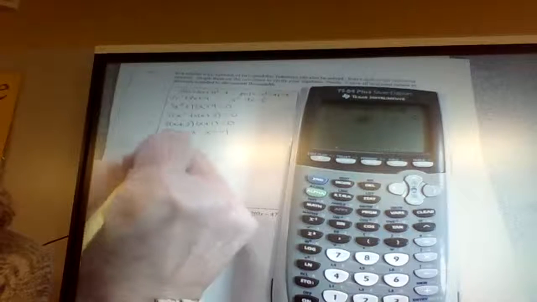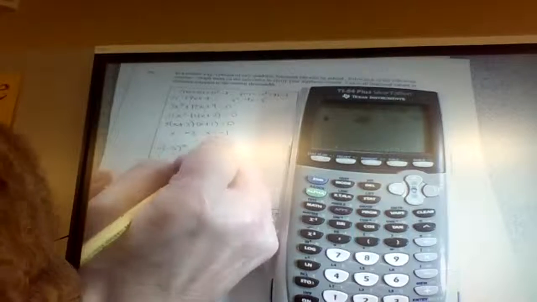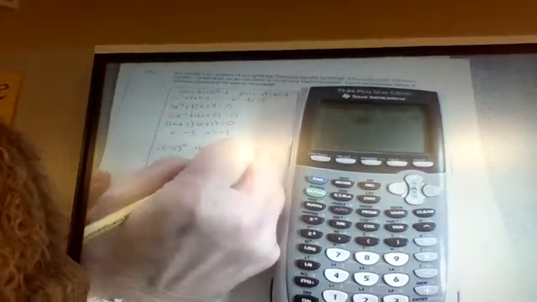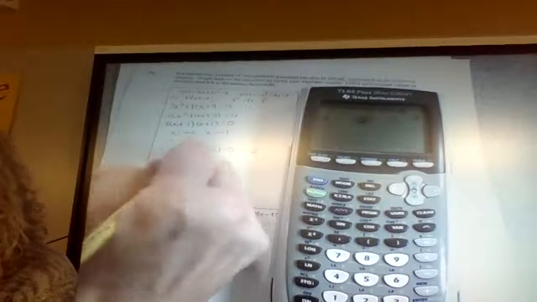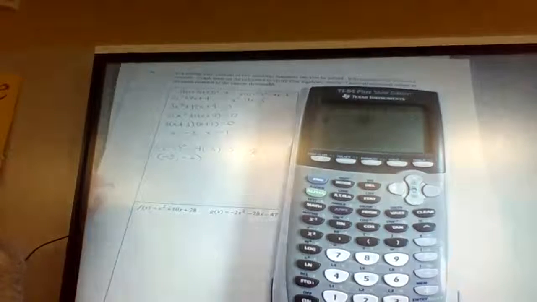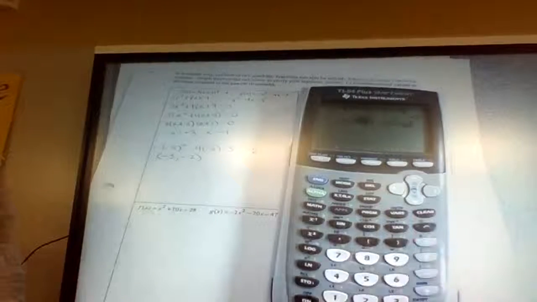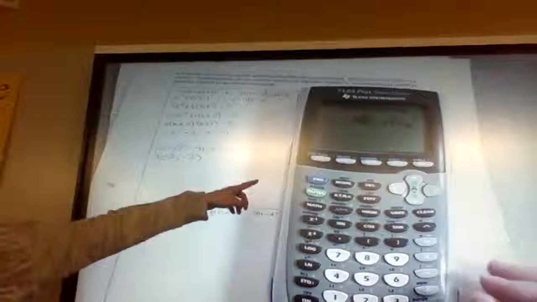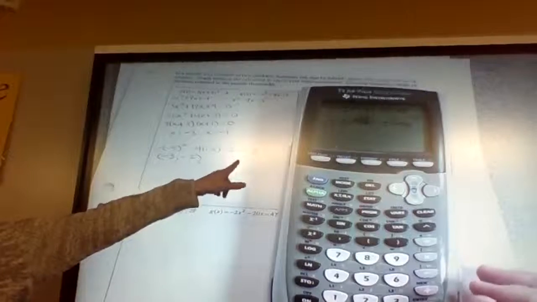So I need to put what I just put in my calculator. So that's negative 3, negative 2. And then I don't really want to type all that in again. So you can hit second enter and it brings that problem up again. But see how the thing is flashing? That means you can still edit it.